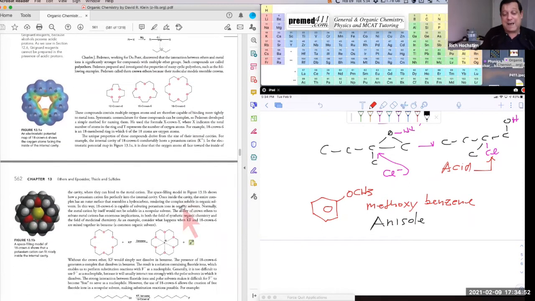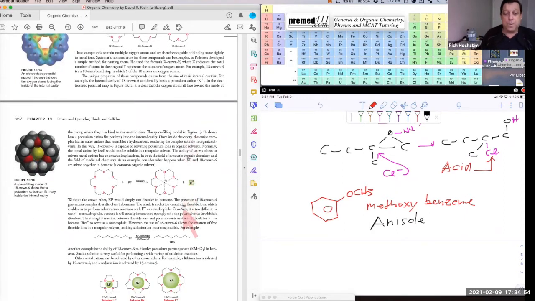Now, here's an example. So here we have an ether, and the way they name this is there's 18 atoms. So it's 18. It looks like a crown, and it's got 6 oxygens. So this is 18-crown-6, and it's the most famous crown ether because it was one of the first ones developed. And what it does is it traps the potassium ion.